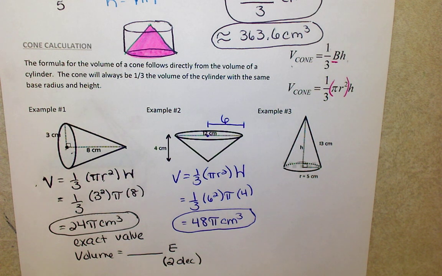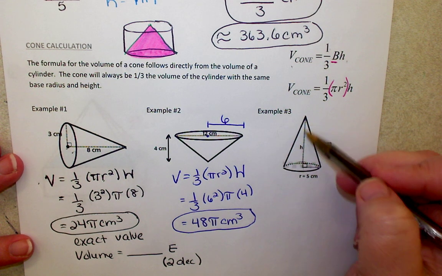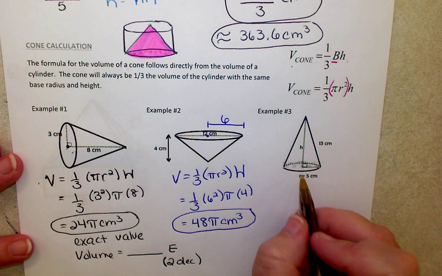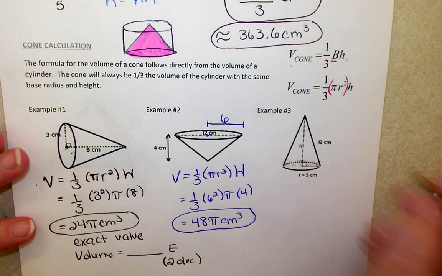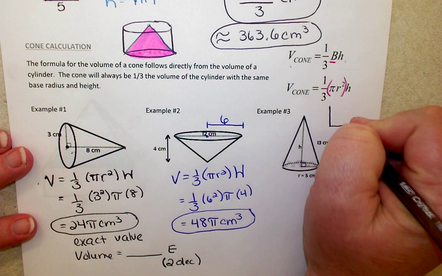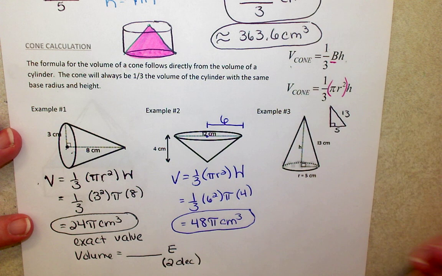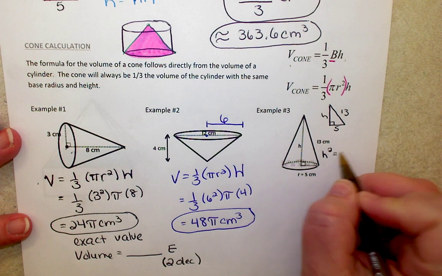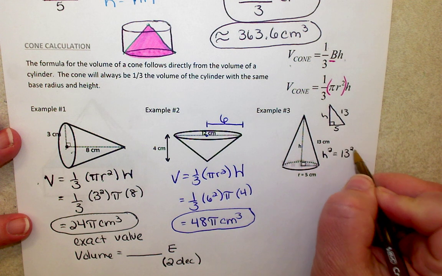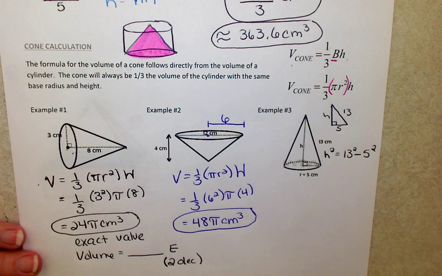Now, wrapping it up on this side with example 3. Again, we've got our cone, but I see that I'm missing the height. So I can come in here. I see I got the radius of 5, the slant height of 13, so that's just another right triangle that I know 2 sides for. So I got 13 and 5, and I need the height. So the height squared is going to be equal to my hypotenuse squared minus my leg squared, because that's essentially what we end up doing.